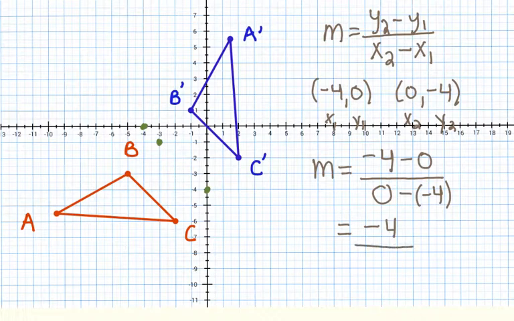And on the bottom we have 0 minus negative 4, which we could also think of as 0 plus 4. So that'll give us a 4 on the bottom. So now we do our negative 4 divided by 4 to see that for our slope we end up getting negative 1.